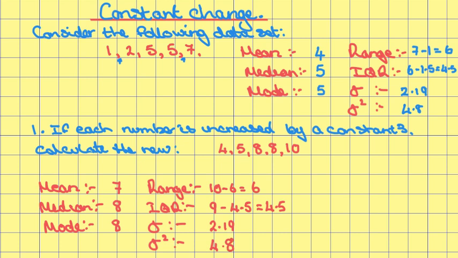So, adding a constant seems to change the mean, median, and mode, well, the central tendency, because everything has moved by that same amount, either to the right on the number line, if you're adding, or to the left on the number line if you are subtracting.